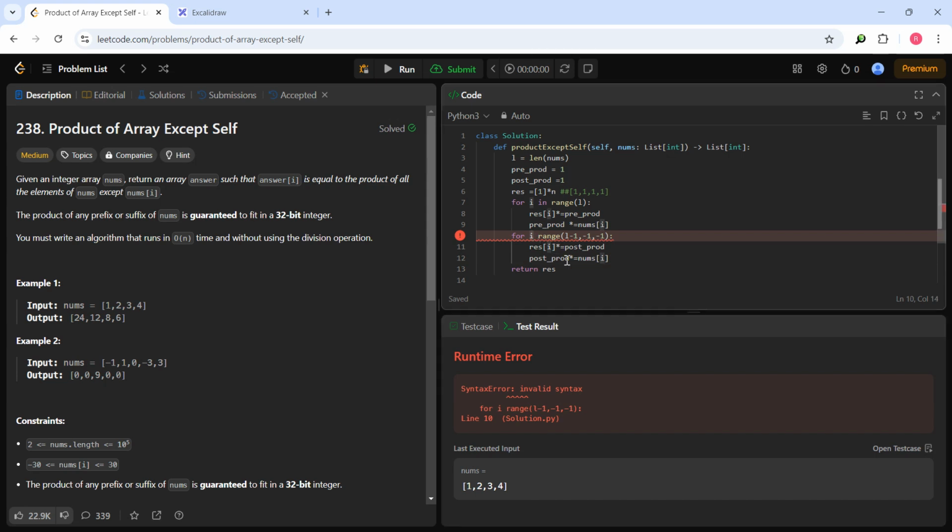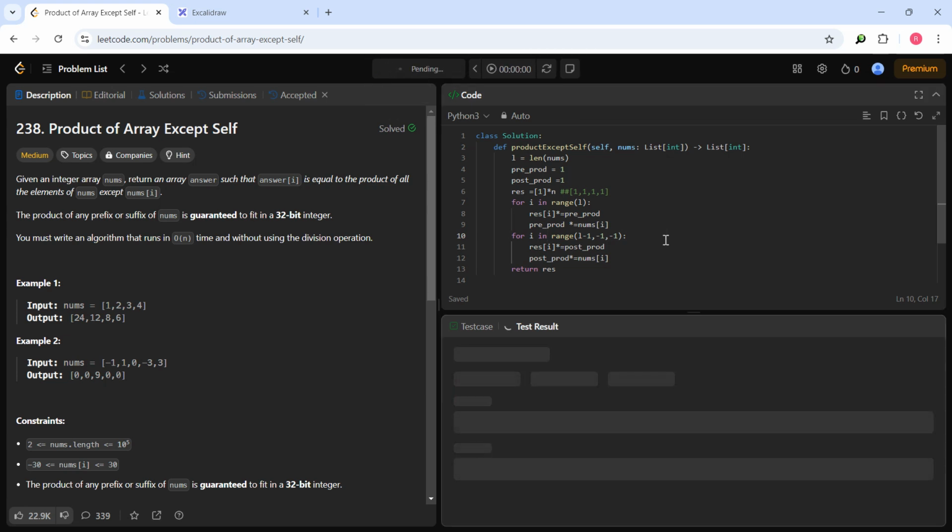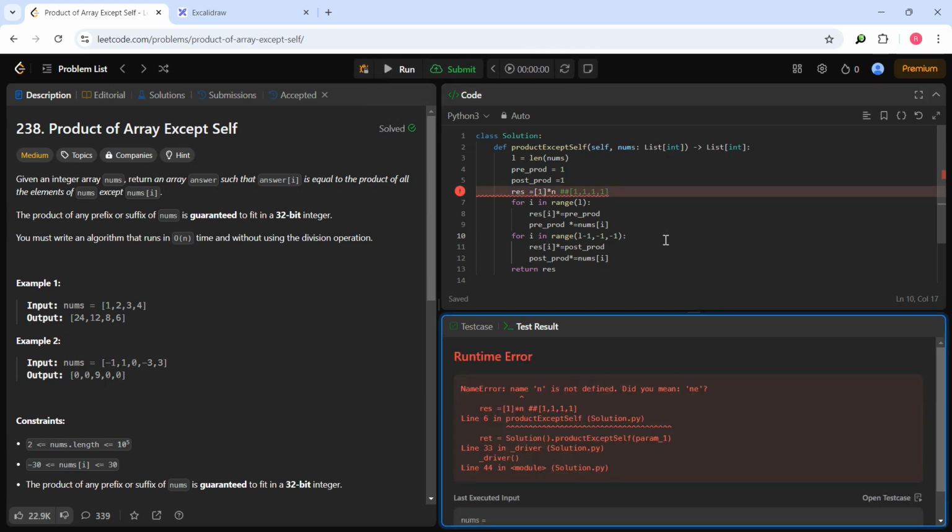For i in range, I forgot to put that syntax, for i in range instead of for i range. It is just a syntax error. And there is no n. Okay, I forgot that the length was L. Instead of L, I wrote n here.